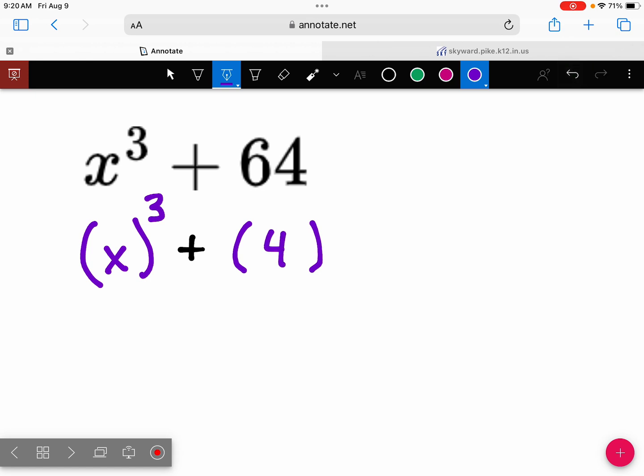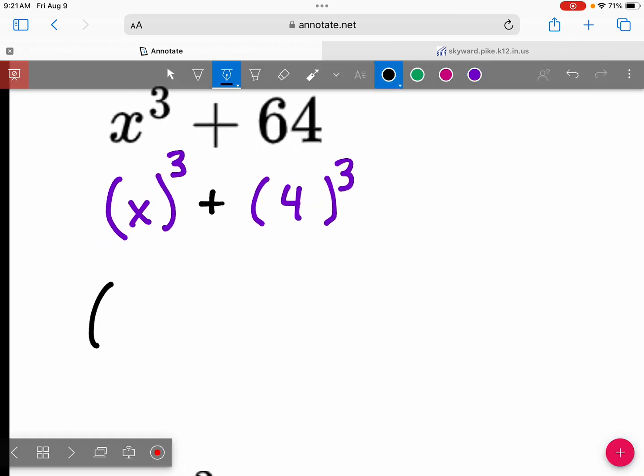Yes, 64 is 4 cubed. Those are the same thing. You could also do the cube root of 64 if you want to work it that way. Totally fine. So what this means is we're going to set up the pattern down below on the right-hand side.